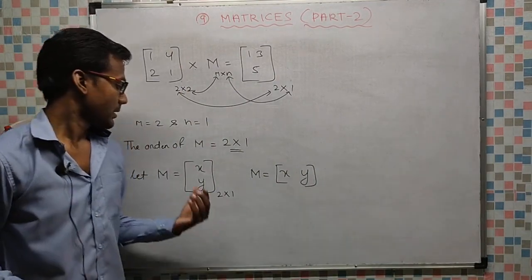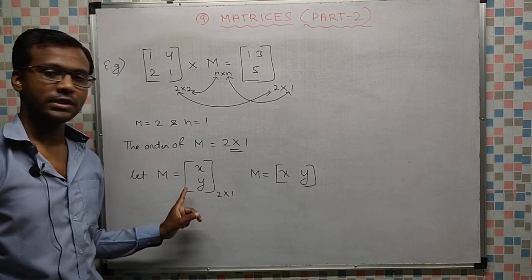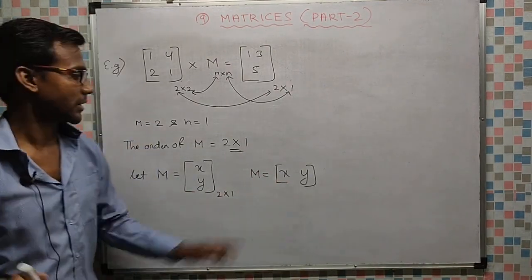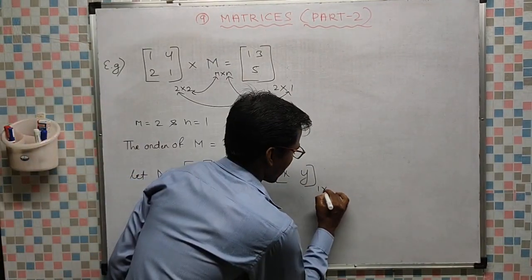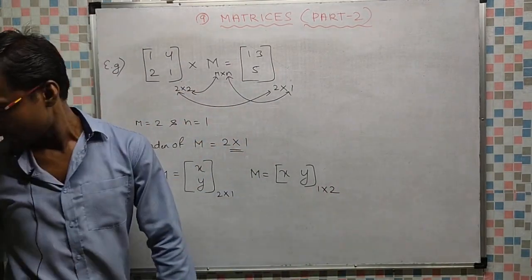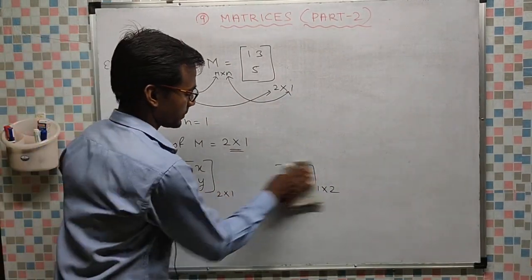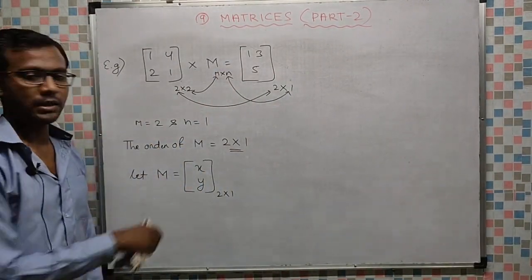Here also there are 2 elements, but this order is wrong because its order is 1 by 2. Our order should be 2 by 1. Be careful while taking the order. This is the correct order.